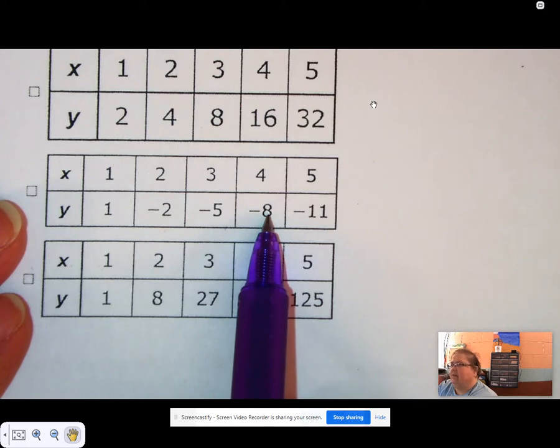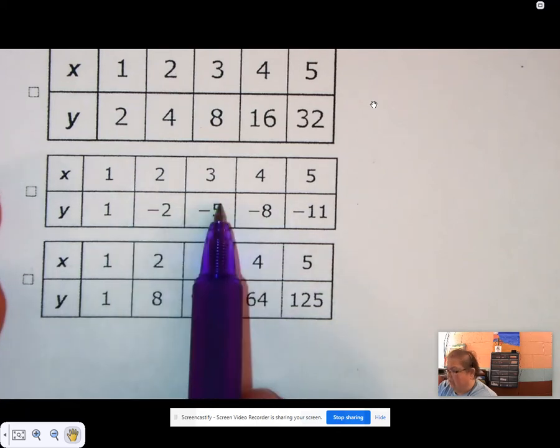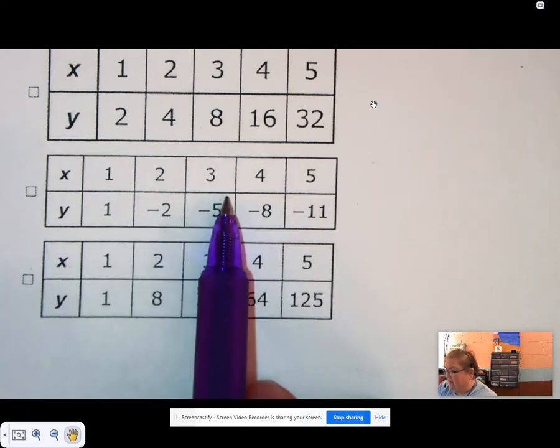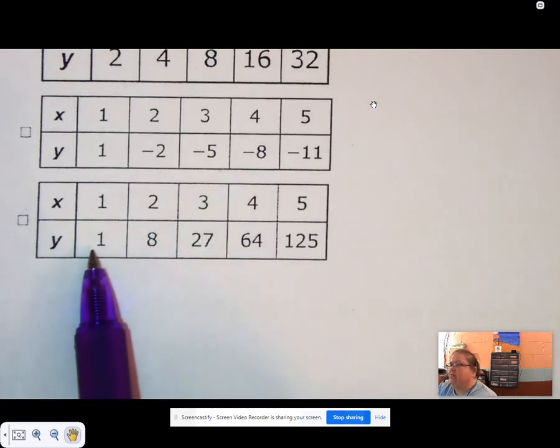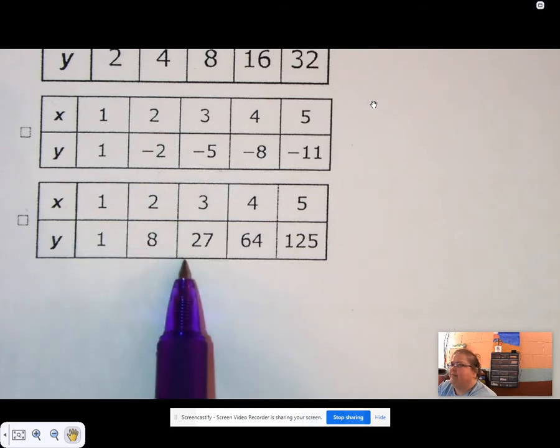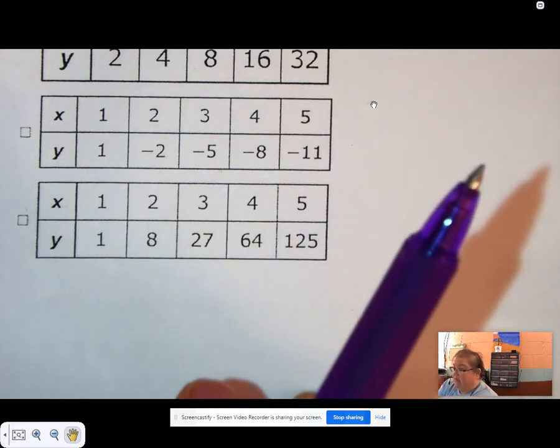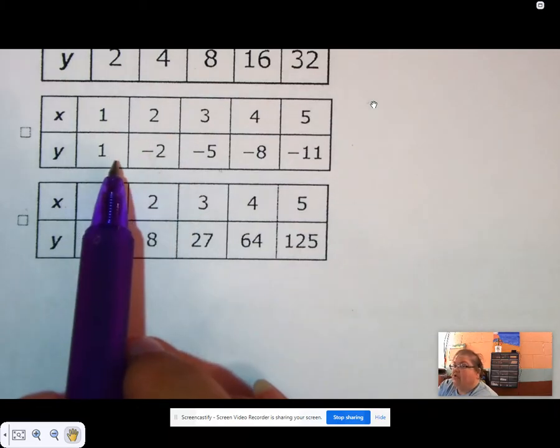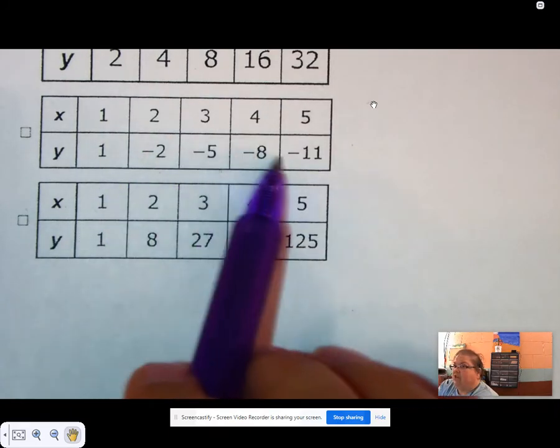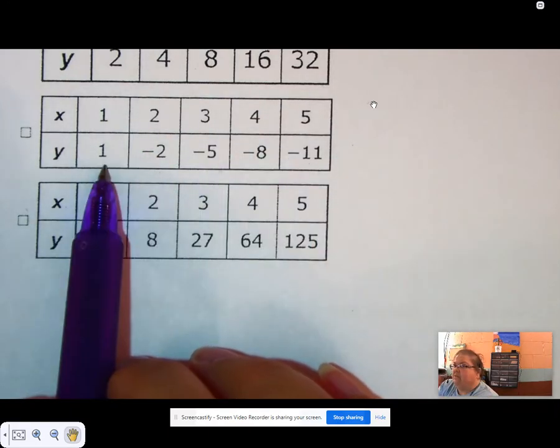Is that a constant rate? I believe it is. So, yes for D. What about this one? No, that one's just no.